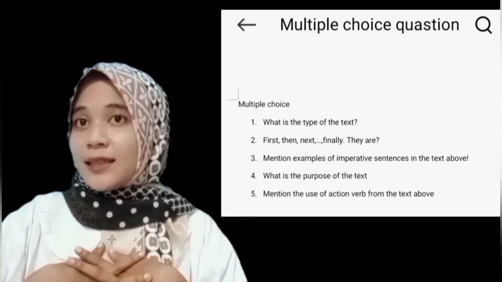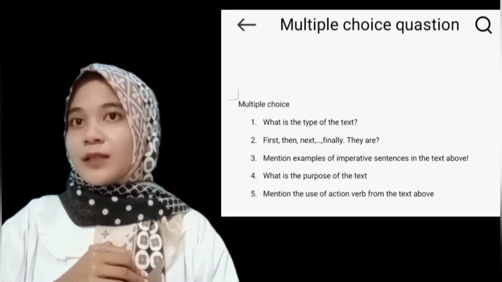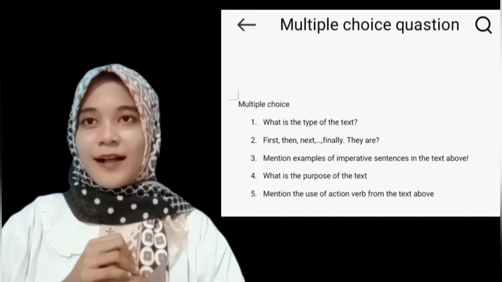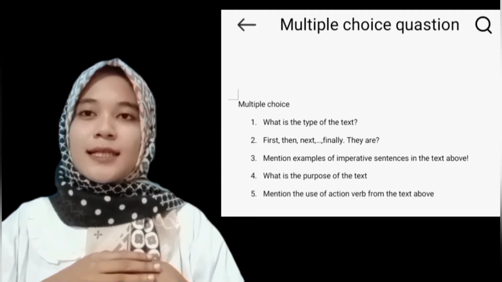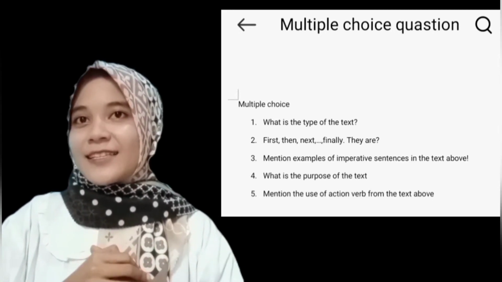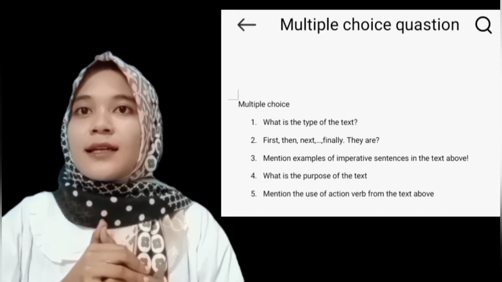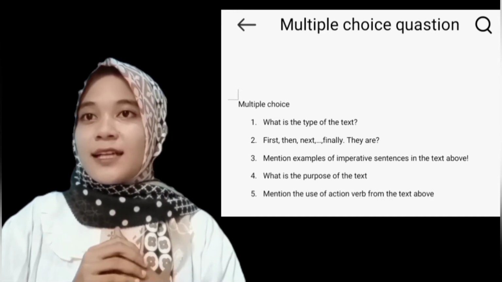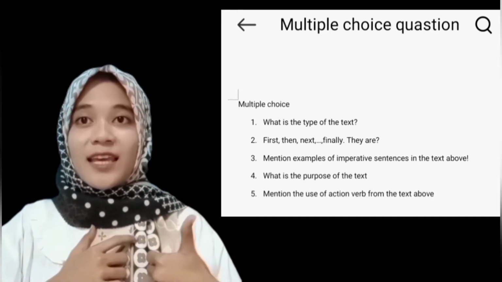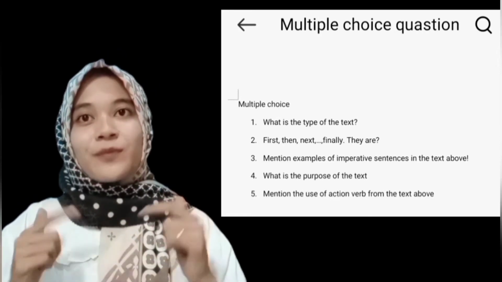After we read, we should find the action verbs from the procedural text because they are characteristics of procedural text. In this text, we found words like look, think, and check as the action verbs from this text. Did you find it?